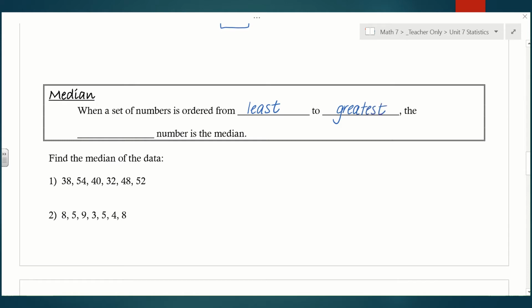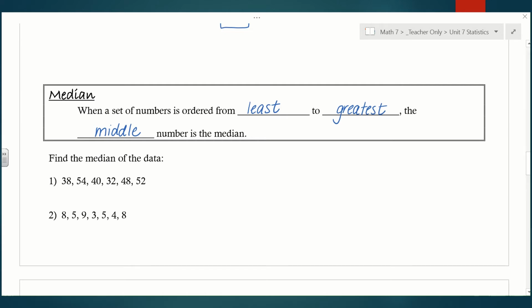You can't find the middle until they're in order. So once it's ordered from least to greatest, the middle number is the median. Okay, so this is pretty easy, but the most tedious part is putting the numbers in order. My suggestion would be, as you are listing out your numbers in order, cross them off as you go, because you're less likely to skip something then.